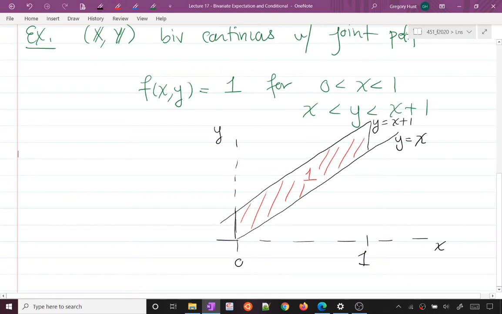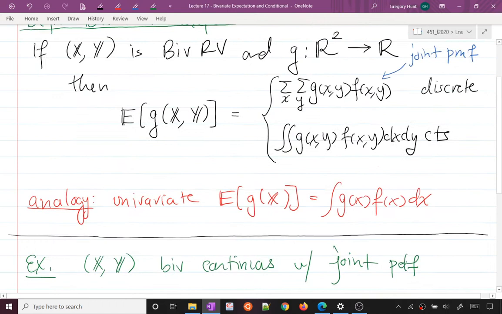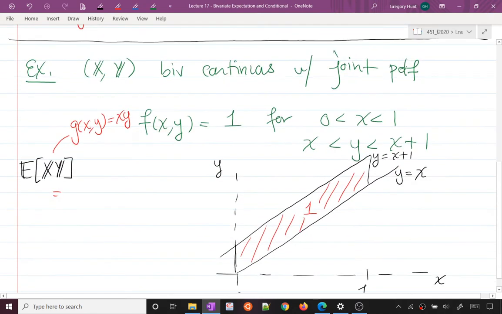And I could ask, maybe in my problem, for example, what is the expectation of X times Y? So here, my little g of x comma y is the product xy, and I want to calculate the expected value of random variable X times random variable Y. And if I use my formula, so let's scroll back up here, this is my continuous case here, I integrate g of x, y times f of x, y over the plane dx dy.